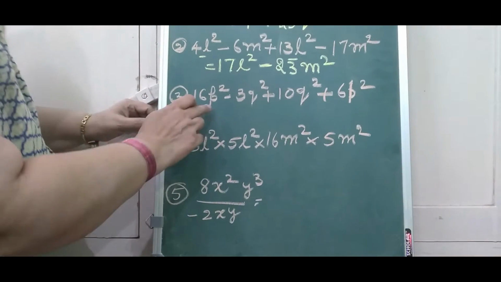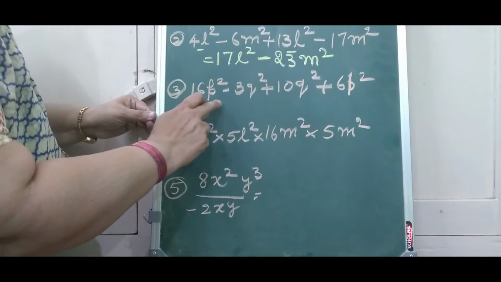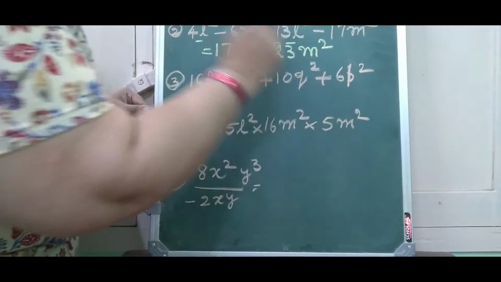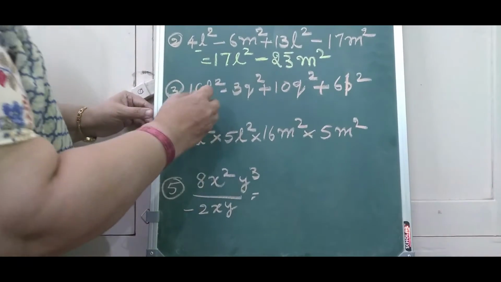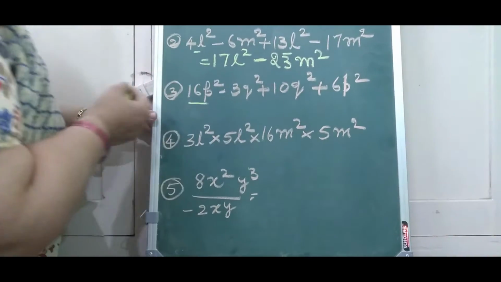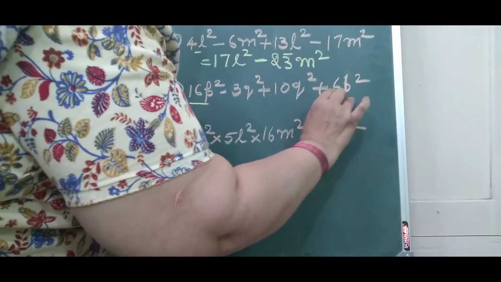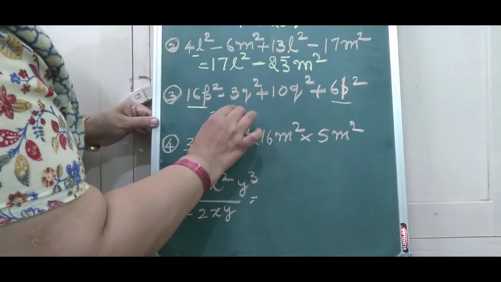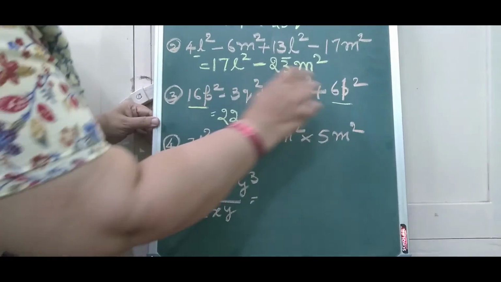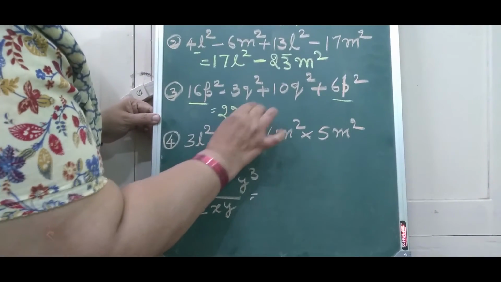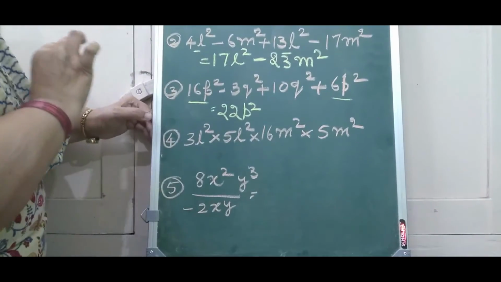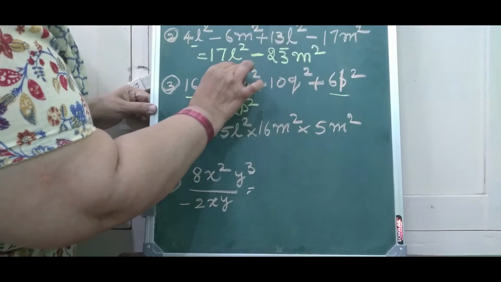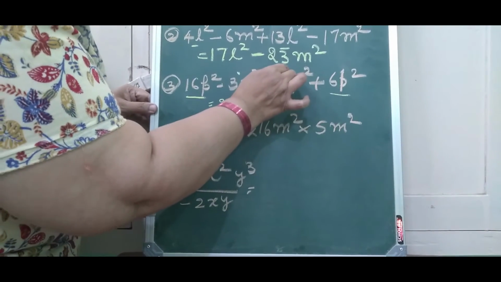Again, let me consider the third example. 16p square minus 3q square plus 10q square plus 6p square is there. Here, let me underline 16p square, 6p square. 16 plus 6 will be 22p square. And again here you can observe 3q square and 10q square is there.